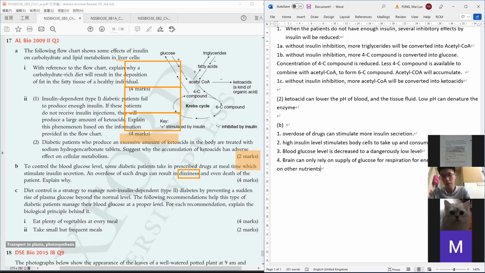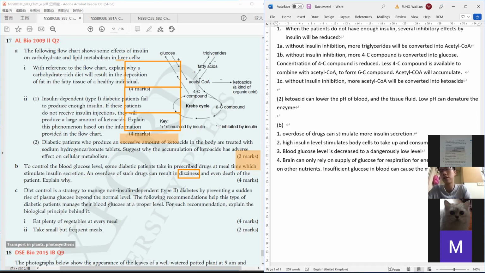Okay. With too little glucose, insufficient blood glucose can cause malfunction.